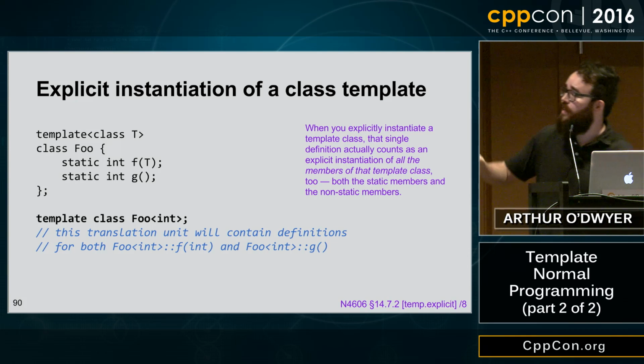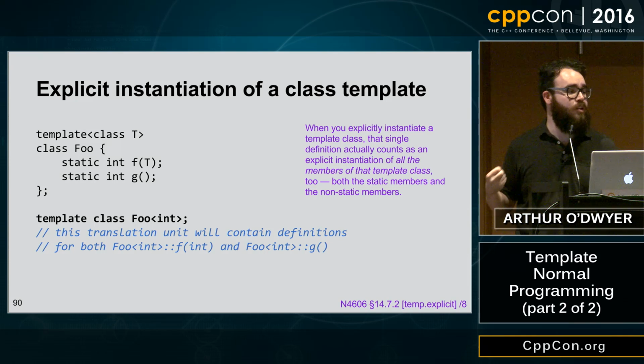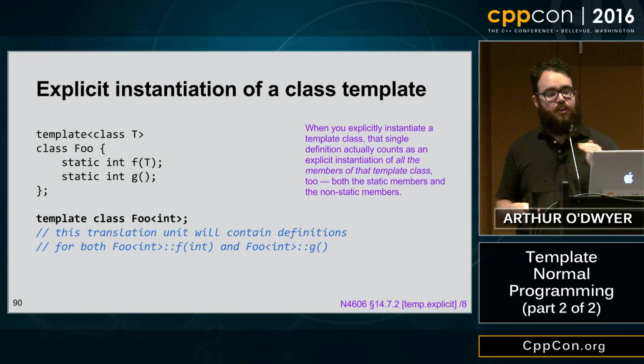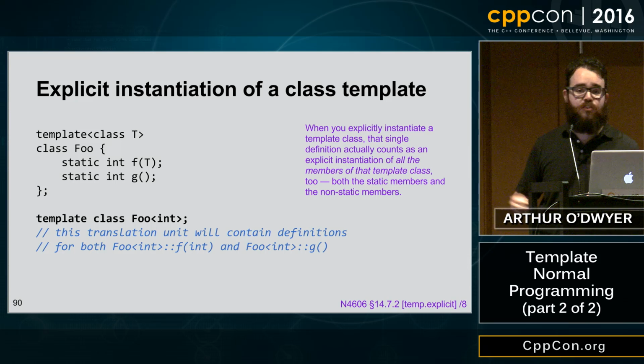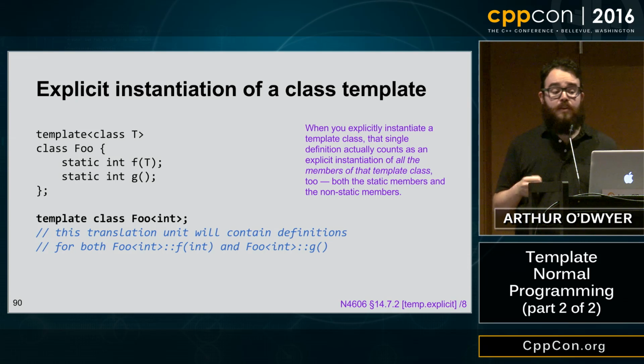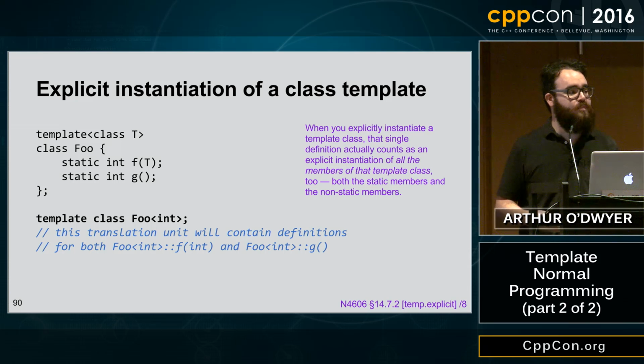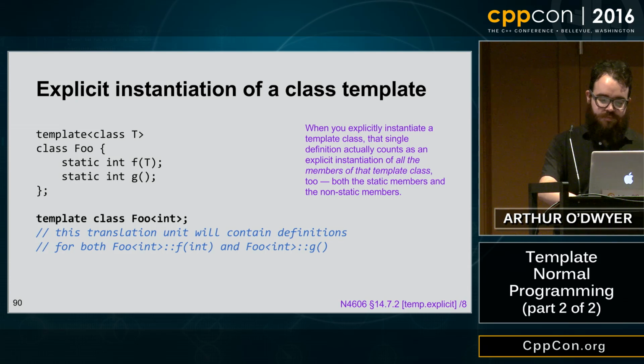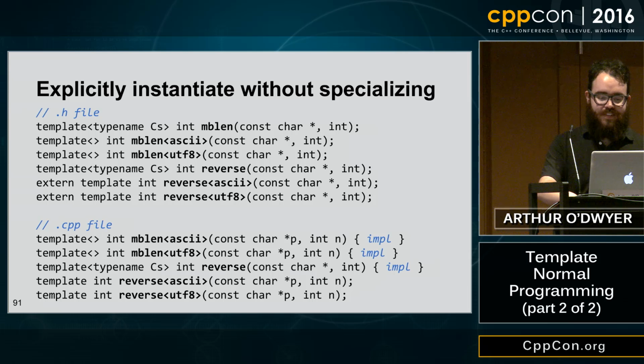So when I say I'm instantiating class foo of int, I also get foo of int::f and foo of int::g in this translation unit as well. So this is a way, if you have a whole bunch of very similar templates and you would like to explicitly instantiate them all in one go, maybe stick them all as static members of some class and then just instantiate that class, boom. If that's a case you ever run into yourself, you know.